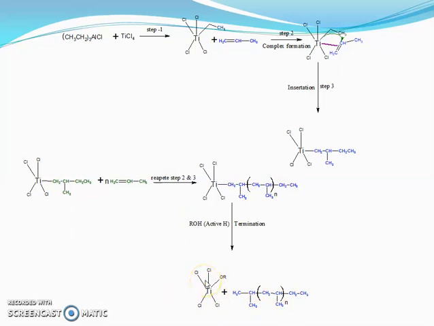These reactions using a catalyst are called coordination polymerization because they involve formation of a coordinate bond between vacant orbitals of titanium or zirconium and the pi electrons of the alkene. But nowadays, instead of titanium complex, zirconium complex is also used, which is soluble in reactor solvents and thus acts as a homogeneous catalyst. Thank you.